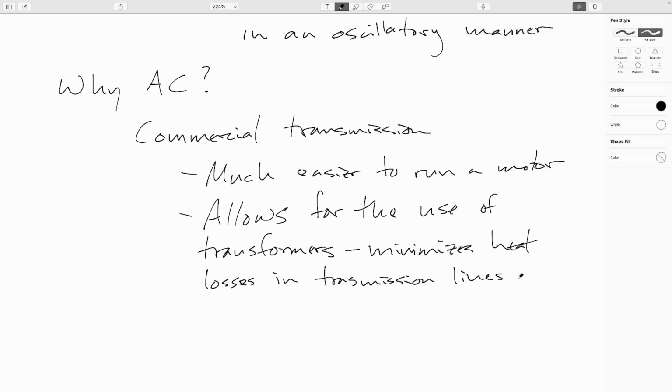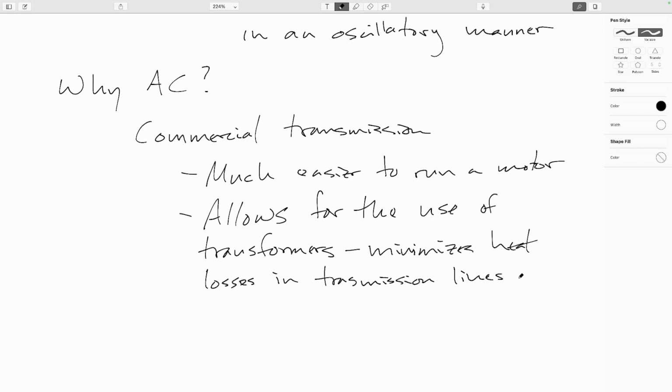Basically, what these transformers will do is they'll allow the utility to increase the voltage and decrease the current simultaneously. And since resistive losses go as I squared R, as the square of the current, if you can cut the current in half, you cut your resistive losses to a quarter.